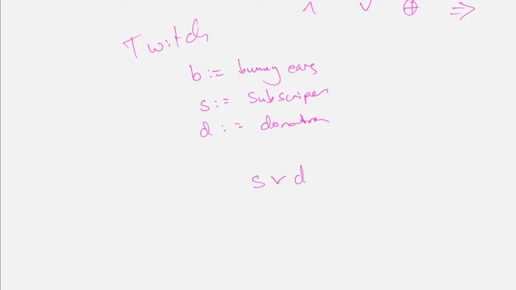Now, bunny ears. So I said the bunny ears would be because of the subscription or donation. While it was first in the English sentence of it, if we were writing it out in a logical notation, we wouldn't want to write the implies backwards and write it over here. We'd probably want to write it over this side, which would mean that if you read it out, it would be a subscription or a donation implies bunny ears.